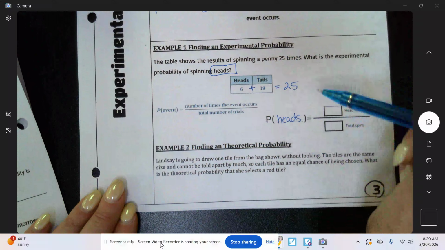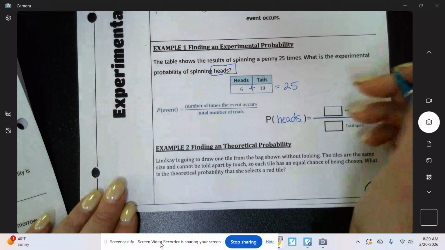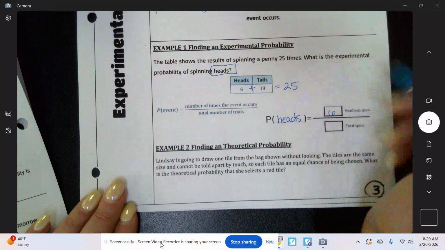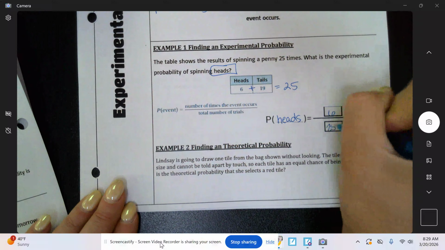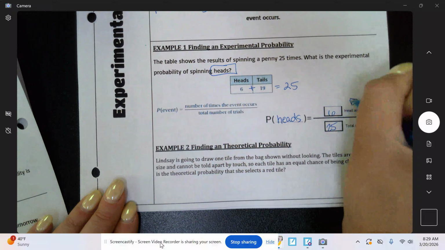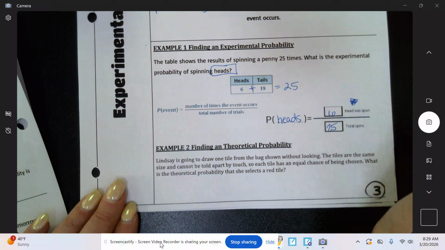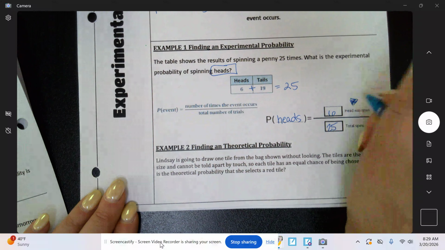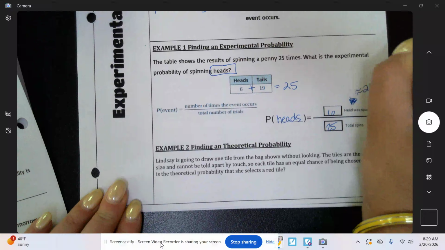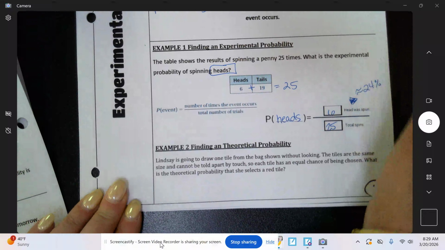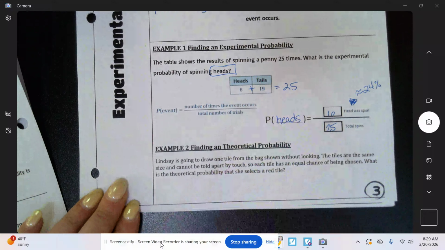How many times did they spin heads? 6 times. Out of a total of 25. Change that to a percent. It's about 24%.